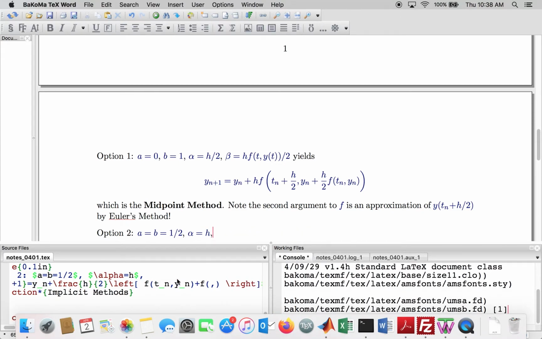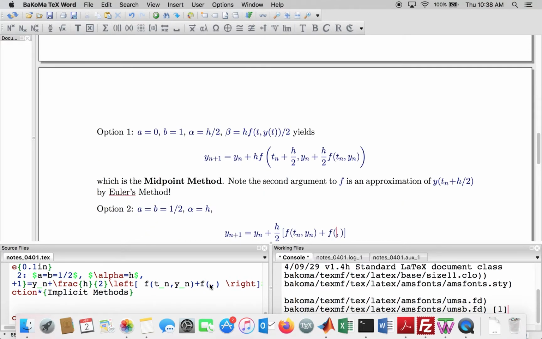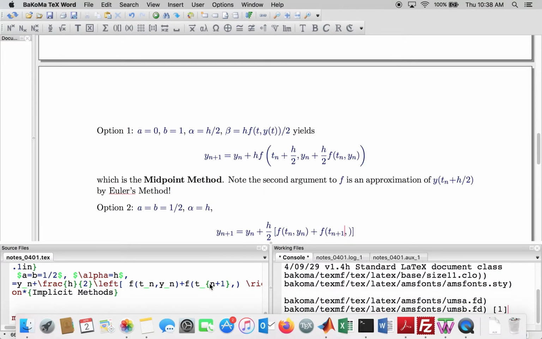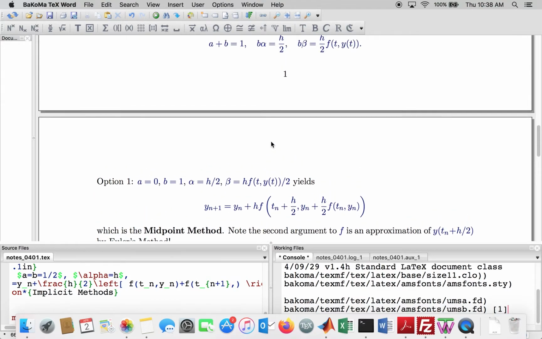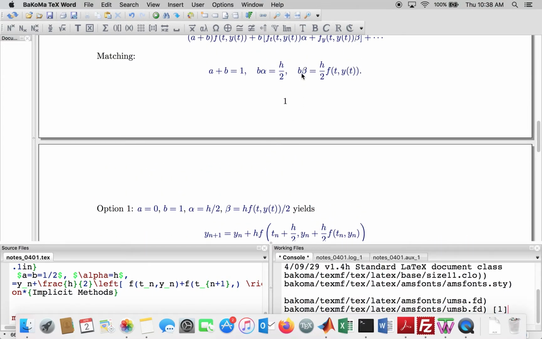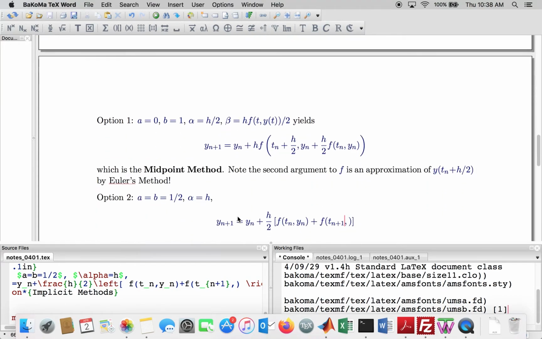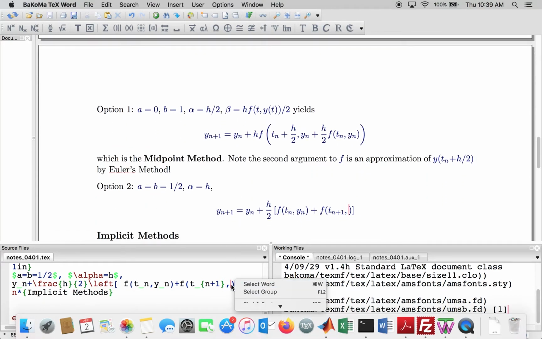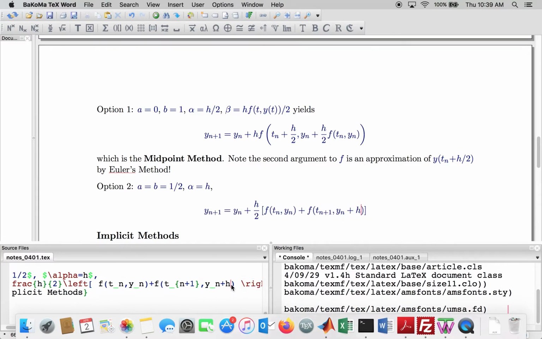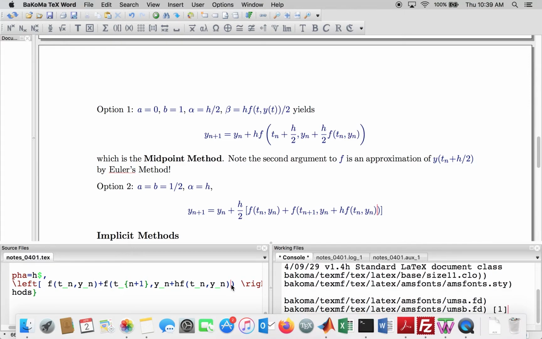So now I'll have tn plus 1. And for beta, b is 1/2, so again the 2's cancel, so beta is equal to hf instead of h over 2 f. So I'll fill that in down here: yn plus hf of tn, yn.